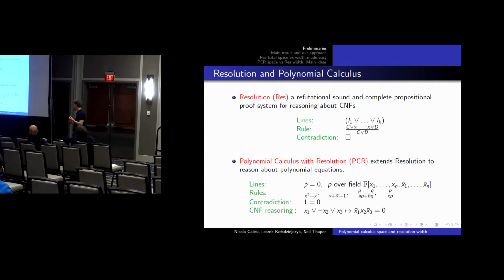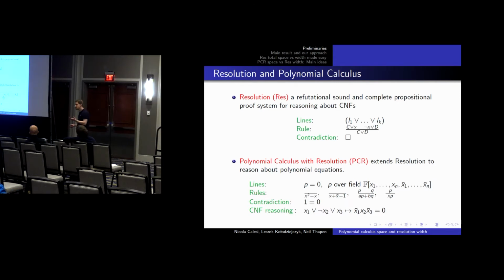Okay, and then every line is a polynomial, which might be either x squared minus x is 0, that enforces Boolean 0, 1 values, and that x and the negation of x take opposite values, so that we make sure that these formally distinct variables respect the meaning of negation.